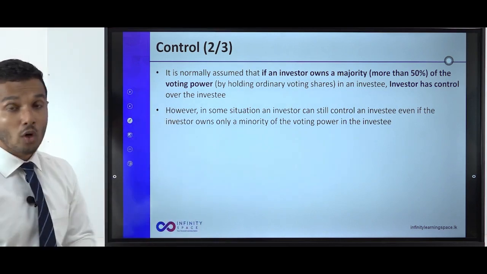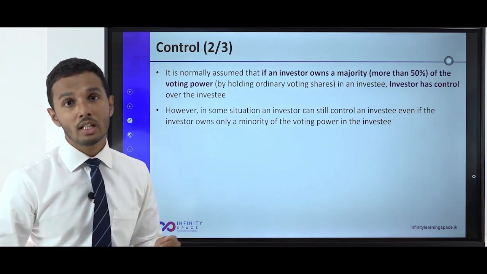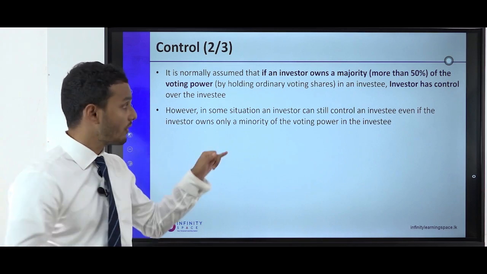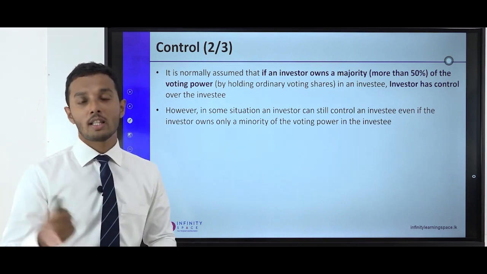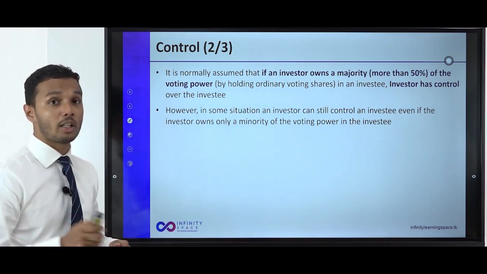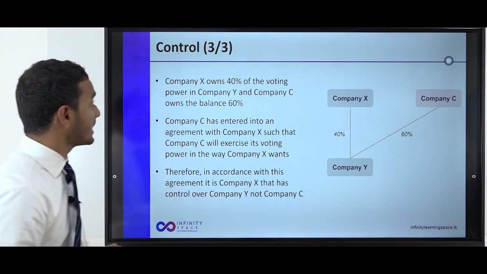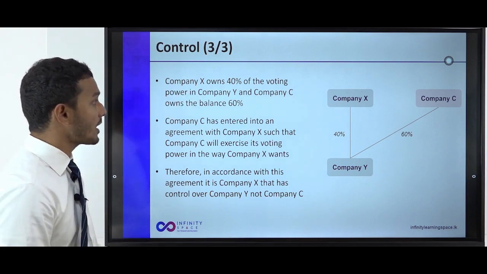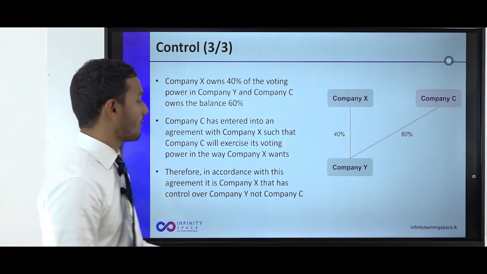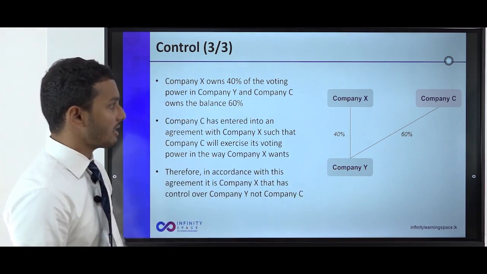In an exam question, if they say he owns more than 50%, we can say yes, he has control, right? However, like I said before, it's not necessarily a must to have more than 50% of the ordinary voting shares to have control. Even in situations where you have less than 50%, you can still have control, right? So in this example, company X owns 40% of the voting power in company Y and company C owns the balance 60%.